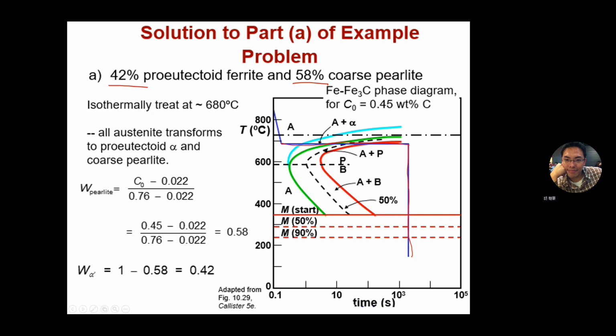So austenite transforms to proeutectoid alpha and coarse pearlite.